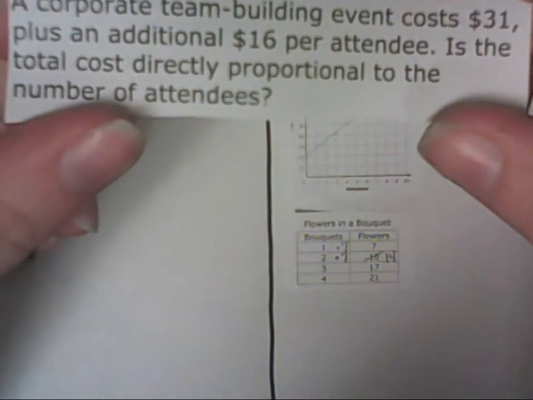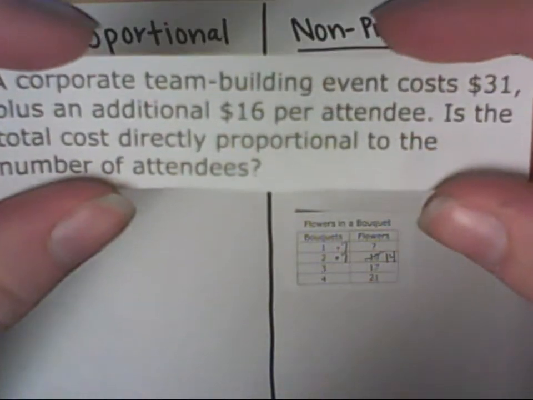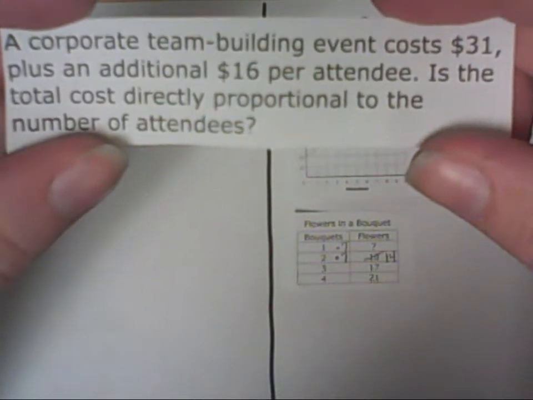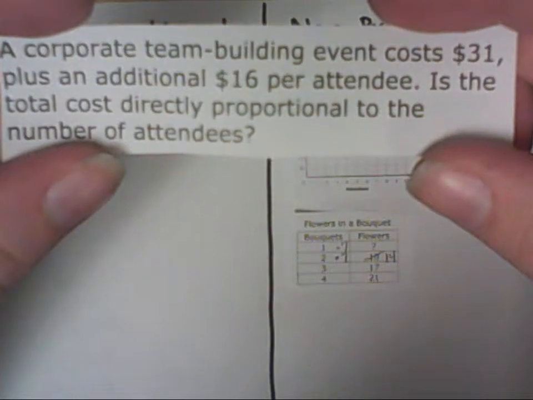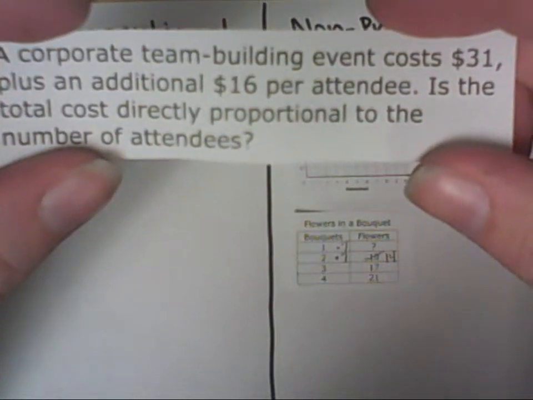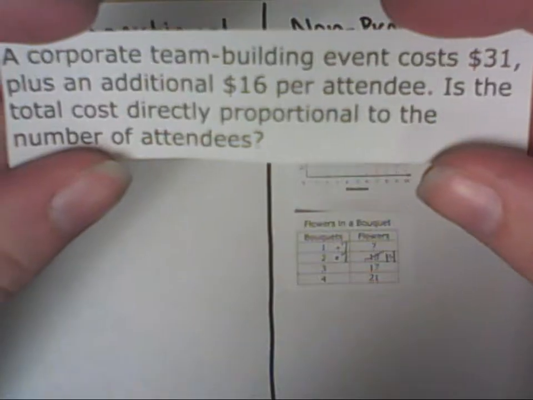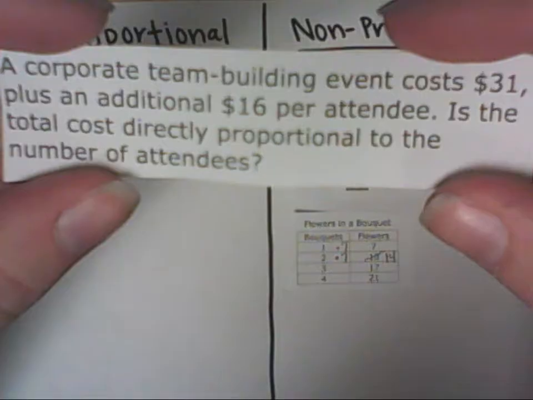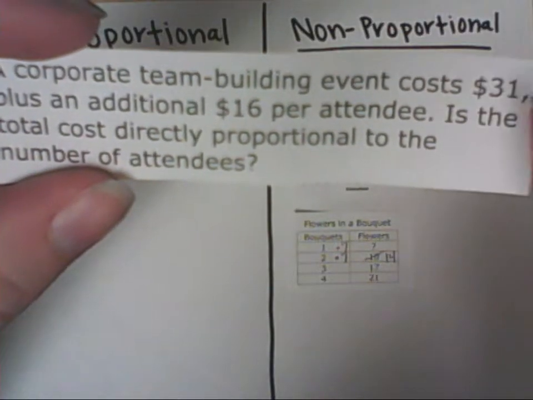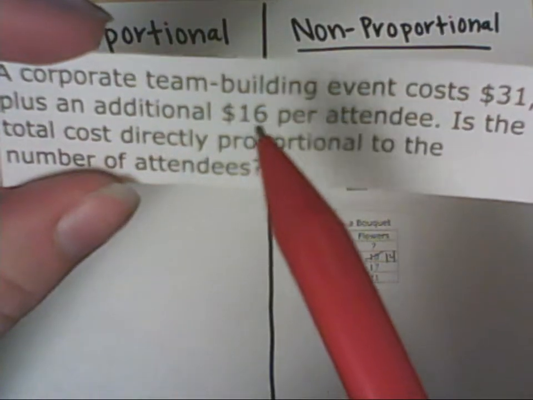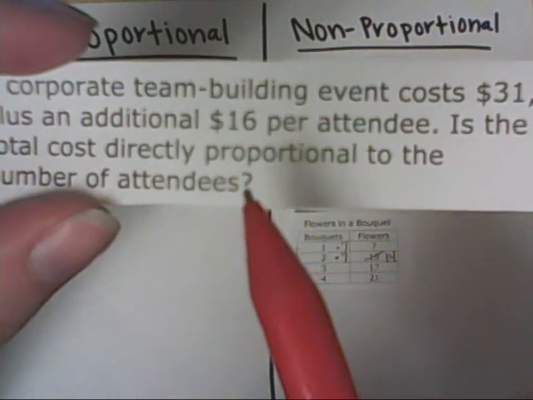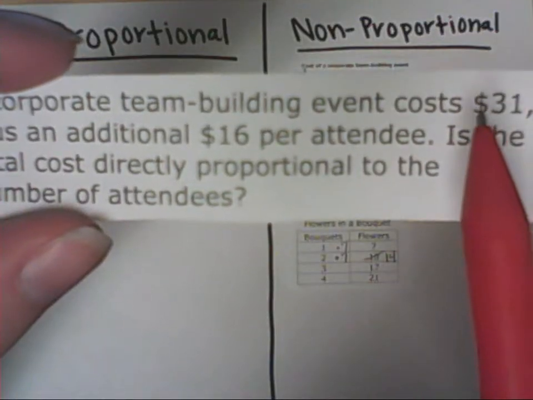Let's go ahead and try one of the word problems. The words are always the trickiest for me, but once you get the hang of it, you can do this. It states that a corporate team building event costs $31 plus an additional $16 per attendee. Is the total cost directly proportional to the number of attendees? So it costs $31 plus $16 per attendee. If I have 1 person, it would be 16 plus the 31, right?